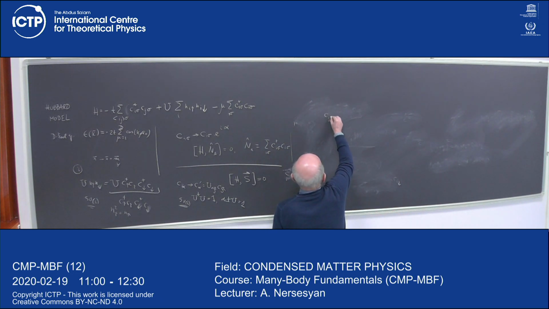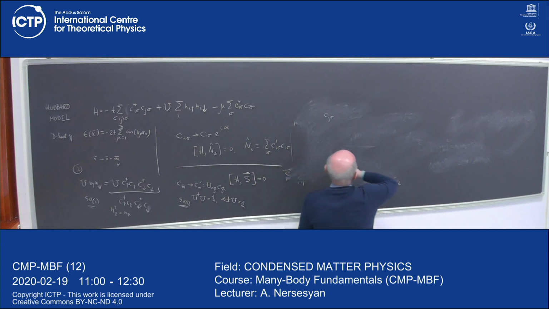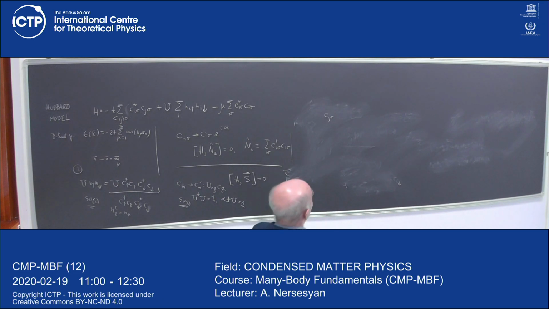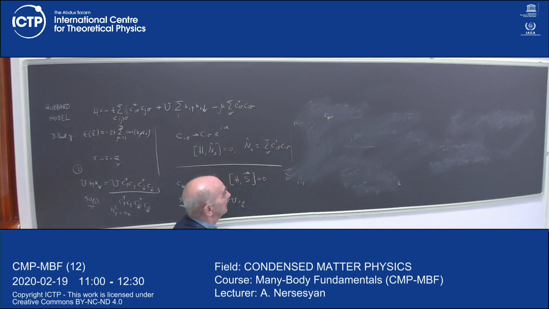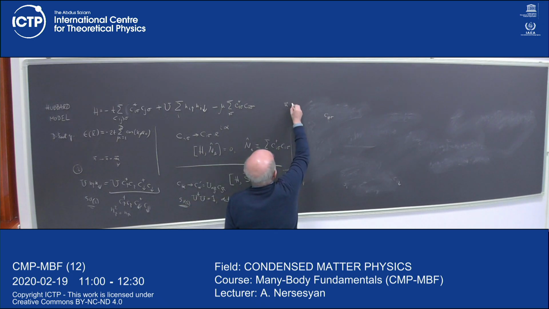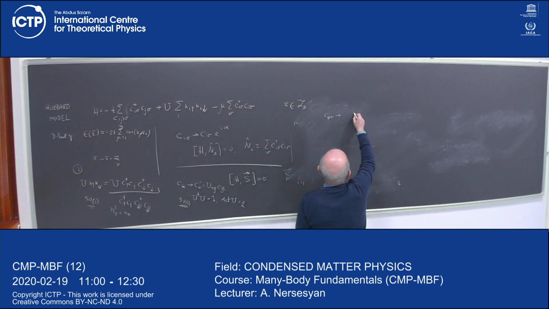If you have an operator c n sigma, which is the annihilation operator, a particle-hole transformation would be to replace this. Let me put n here, and let n be a vector. In other words, let n belong to a lattice with dimension d. And I would like to bring this to a correspondence with another fermionic operator, let it be b n sigma dagger, if you wish.